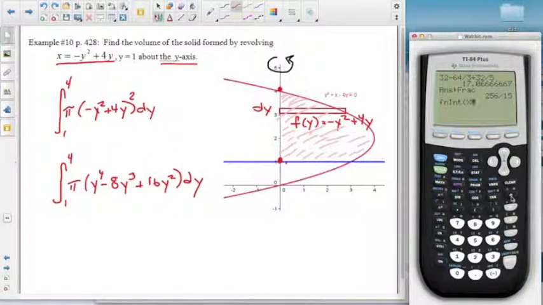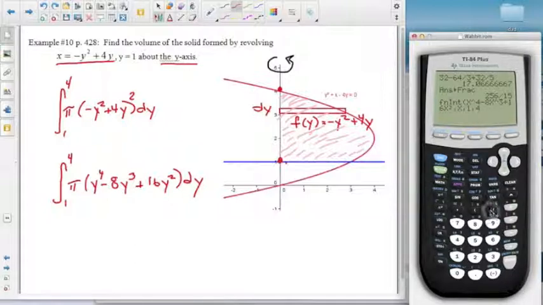That's just the integration variable, so it's not a big deal that it's not a y. So x to the 4th minus 8x cubed plus 16x squared, and the variable of integration, from 1 to 4.